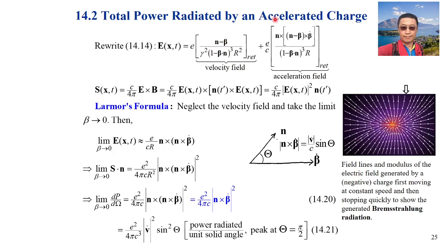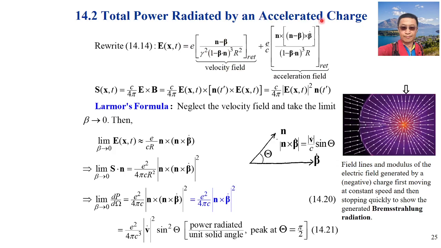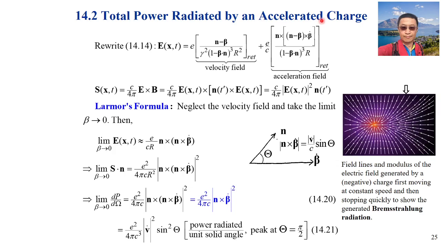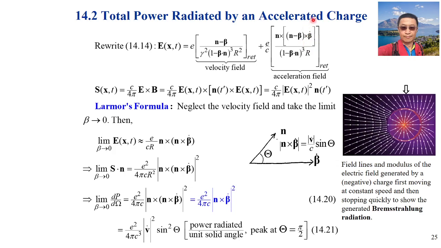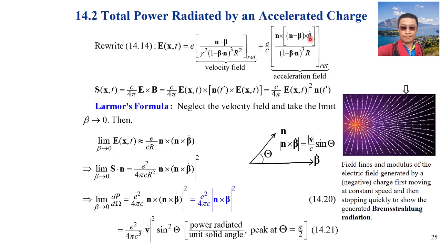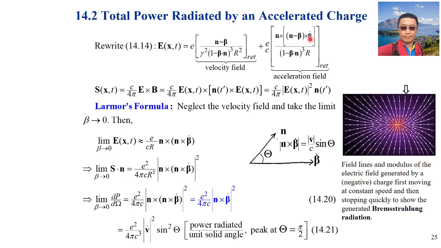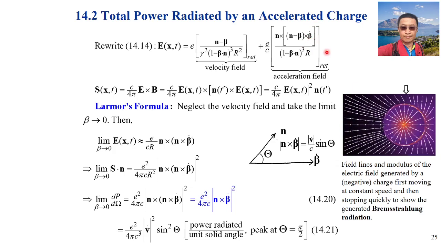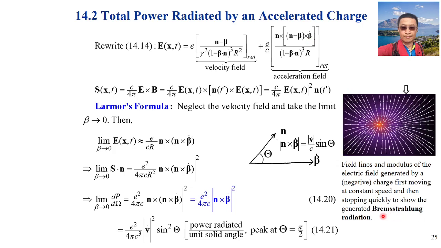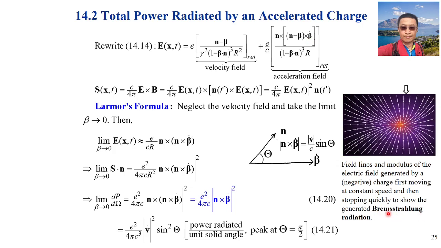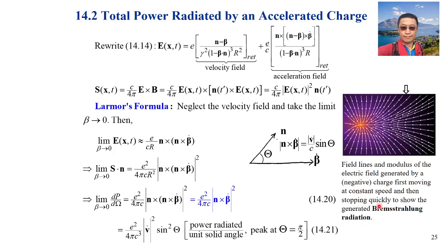Acceleration includes two parts: acceleration and deceleration. That means beta dot will be greater than 0 or less than 0. Two possibilities. Here is an example, the very famous Bremsstrahlung radiation. It's caused by deceleration.